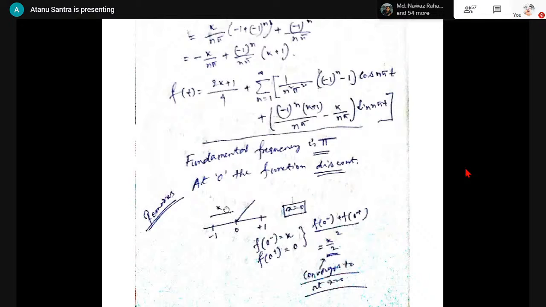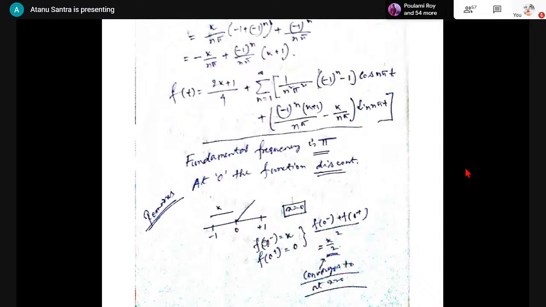For -1 to 0, the function converges to k. For the interval 0 to 1, obviously open interval, not closed interval, the functional value converges to t. And for the point of discontinuity, at the point t is equal to 0, the function is discontinuous.